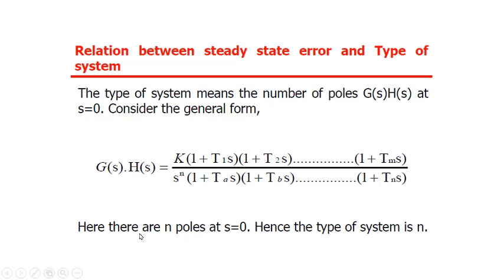Here we can see n poles at s equal to 0. Here s to the power n at s equal to 0, hence the type of the system is called n. If we have s to the power 1, then n, or the type of the system, will be type 1.